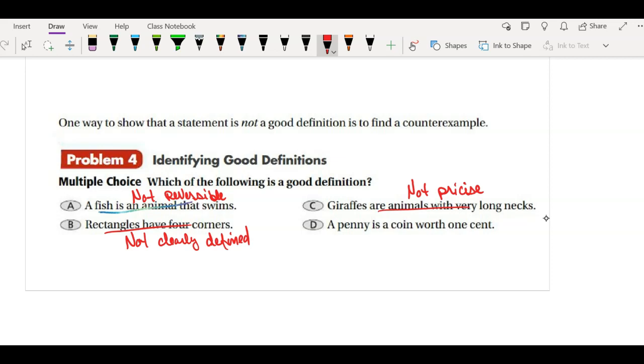This is reversible: a coin worth 1 cent is a penny. It's clearly defined, and it's very precise. So this is a good definition. And that's all for lesson 2.3.